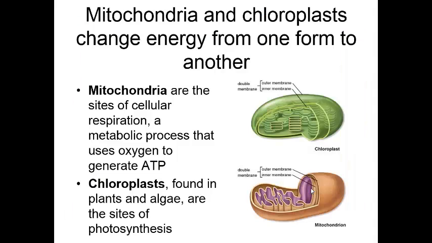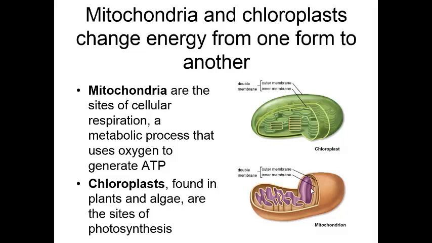Two extremely important organelles within the cell are the mitochondria and the chloroplasts. They are so important because they are energy transformers. Mitochondria is the organelle in which organic molecules are broken down to regenerate ATP.